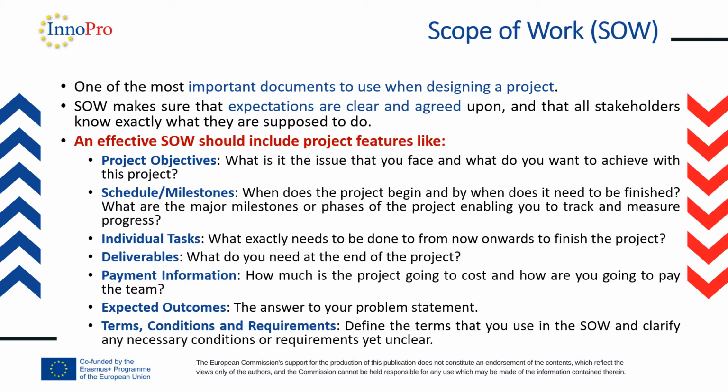It also formulates individual tasks and all the deliverables, meaning what we will need at the end of the project. It includes payment information, meaning information about our costs and the flows that we will pay in our project and to our team. A very important part of the scope of work is also expected outcomes, and finally some technical issues such as the terms, conditions, and all the requirements.